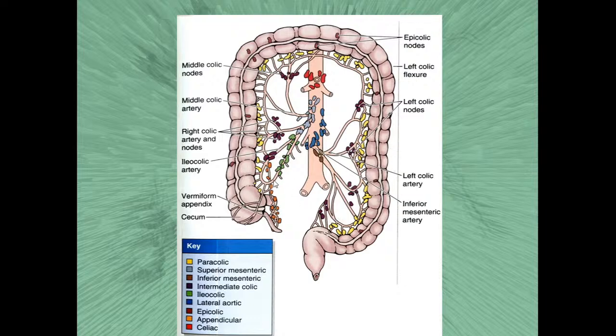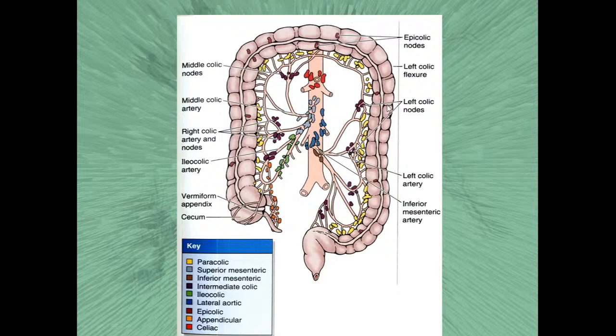After that, the next groups of lymphatic nodes correspond to the blood vessels, to the arteries, and are represented by the ileocolic lymphatic nodes, right colic lymphatic nodes, middle colic lymphatic nodes. From these three mentioned groups, lymph is collected to the collecting group around the superior mesenteric artery, the superior mesenteric nodes.